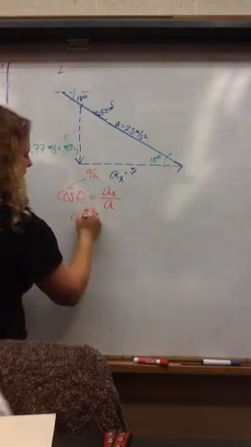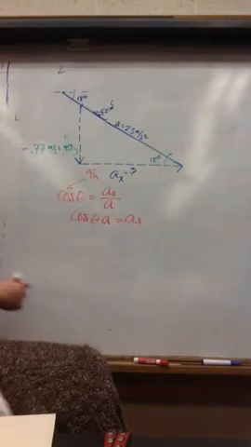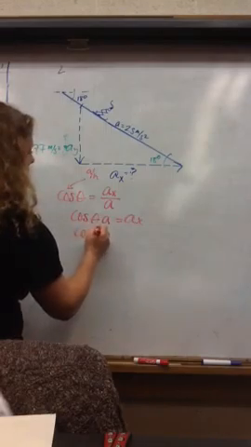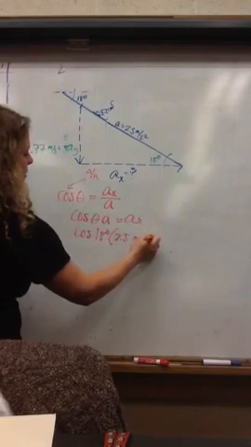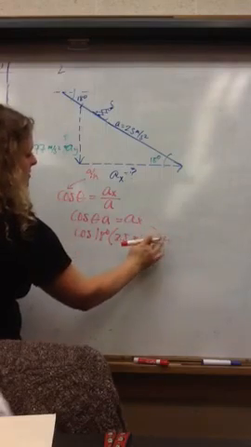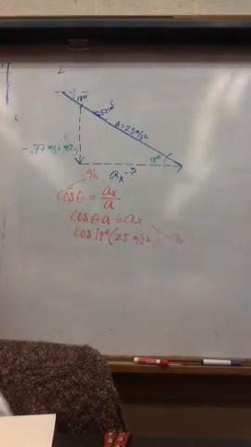So the cosine of theta times acceleration will give us A sub x. Cosine of 18 times 2.5 meters per second squared will give us A sub x.